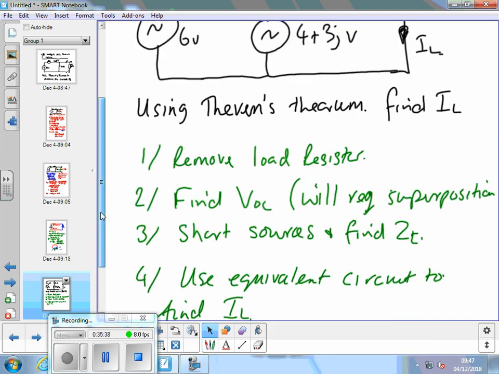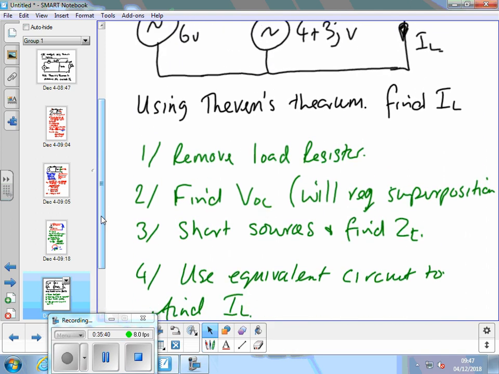They're the four overall steps. They're the same steps as we went through in the previous question. The only further complication is that you've got two voltage sources. That's where you split the circuit into an A version and a B version, find the two currents and add them together.